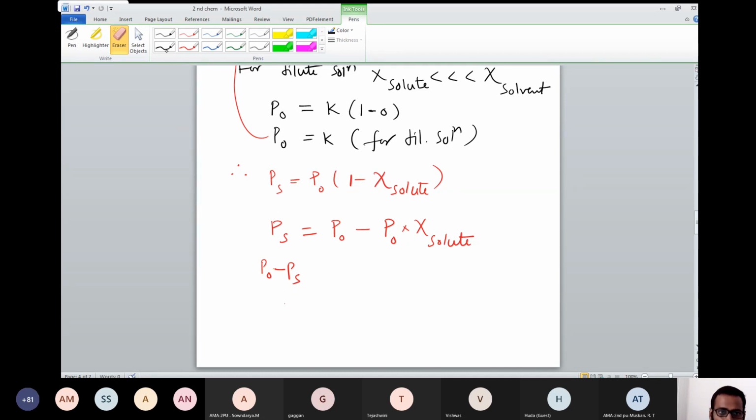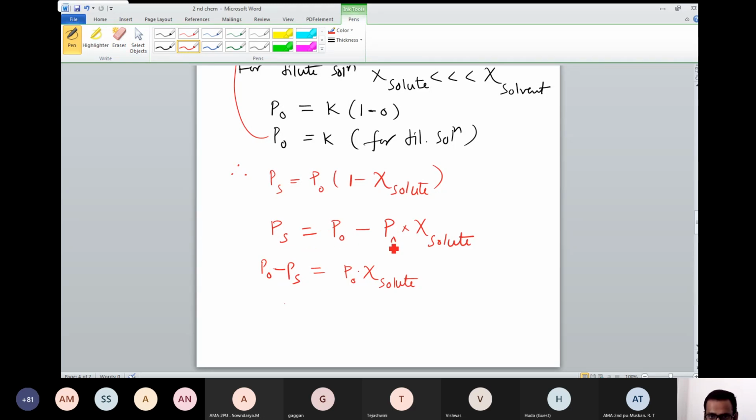So P naught minus Ps, this Ps will come here, equals P naught into mole fraction of solute. From here to here, please try to understand. This Ps comes here, so P naught minus Ps.